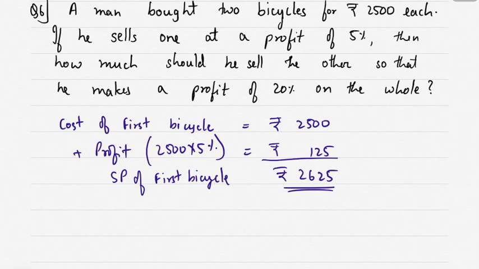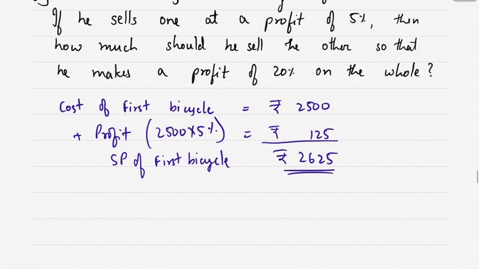Okay, then how much should he sell the other? What should be the selling price of the second bicycle so that he makes 20% profit on the whole? Like on both the bicycles together he needs to make 20% profit.